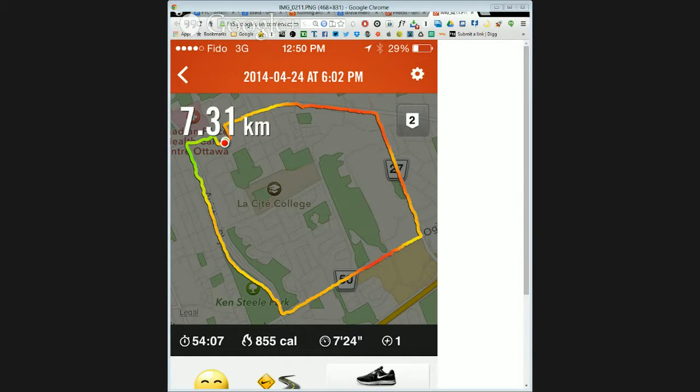Yeah. I don't know if it's actually right. It says there that I burned 855 calories. That seems like a lot. Yeah, I don't trust calorie adding things like that. A lot of calorie calculations seem like it's usually about 800 calories for an hour of whatever you're doing, just from calculations on different services.